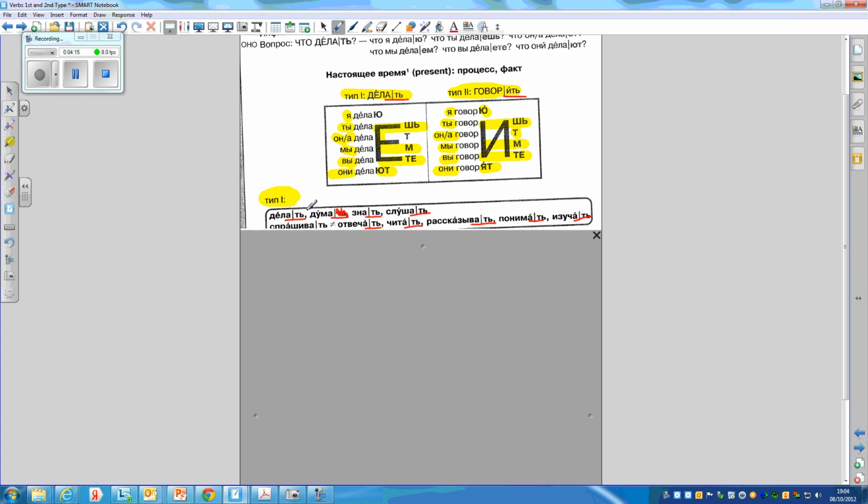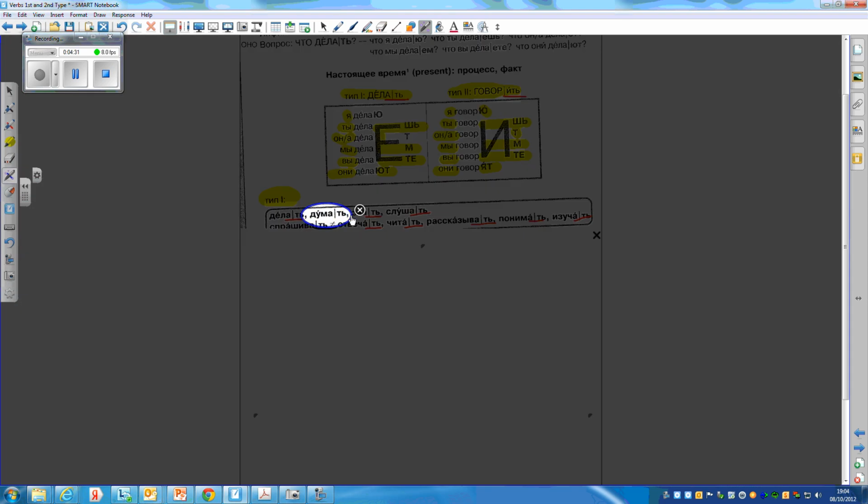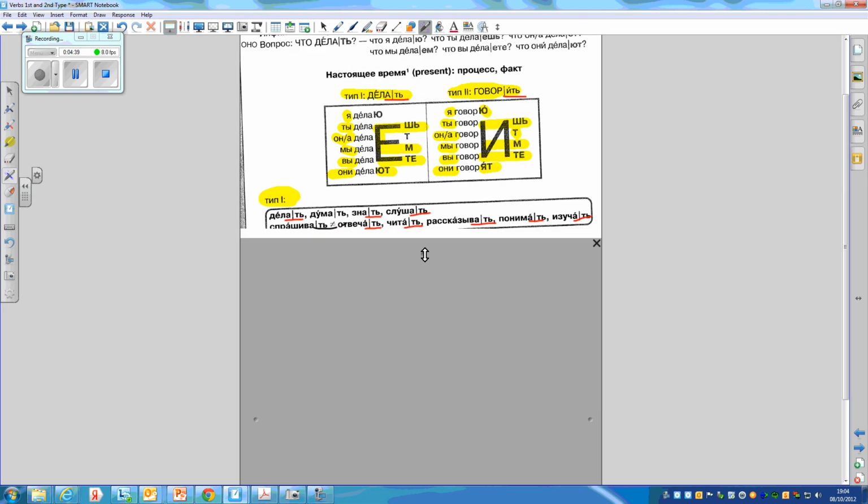So let's take this one. Думать. Let's see what it is. Думать means in Russian to think. I think, you think. So let's try to say it in Russian with the correct form.